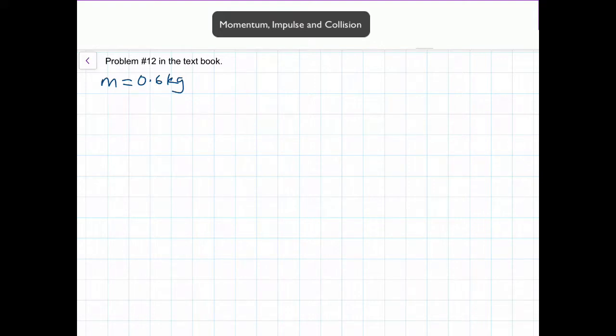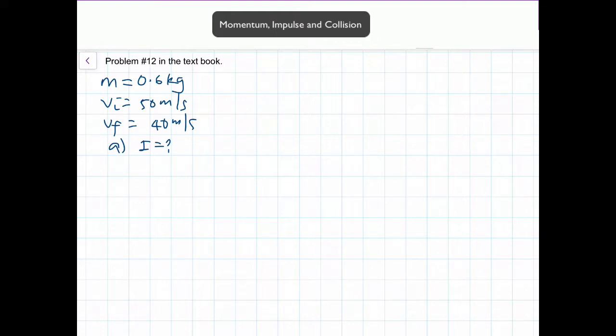Traveling horizontally, the ball has an initial velocity of, let's say, 50 meters per second, and returns the shot with the ball traveling horizontally in the opposite direction, so the final velocity is 40 meters per second. Now the question is, what is the impulse delivered by the racket? So question A is asking you, what is the impulse?